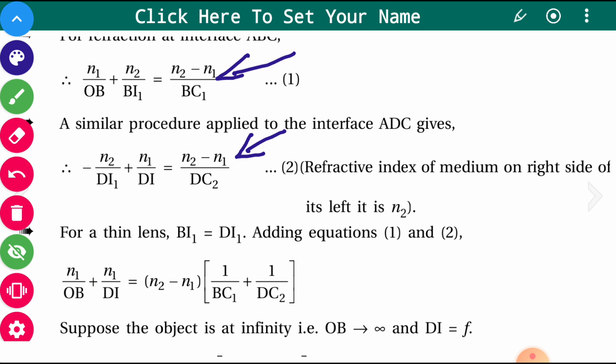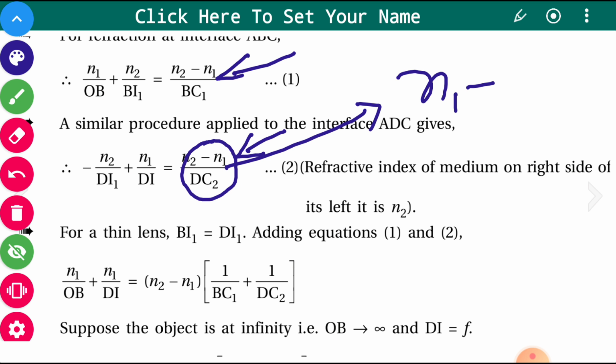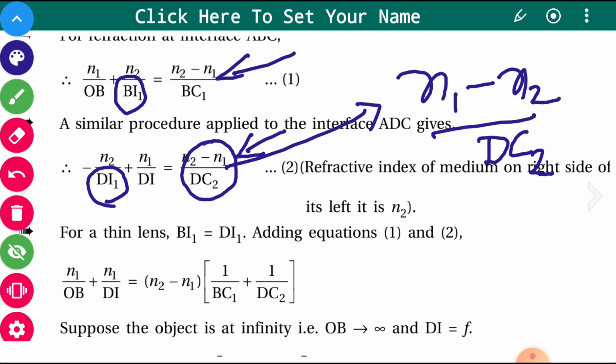If they are going from denser to rarer, then it is n1 minus n2. So it has to be changed to n1 minus n2 upon dC2.